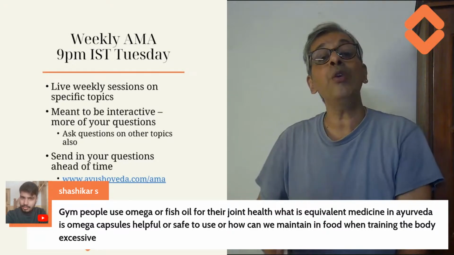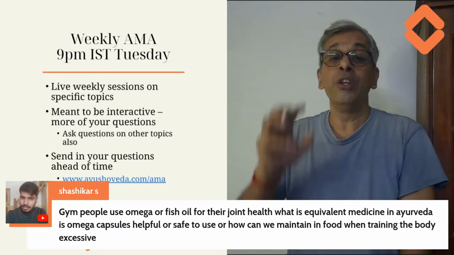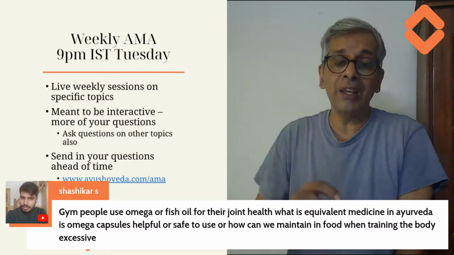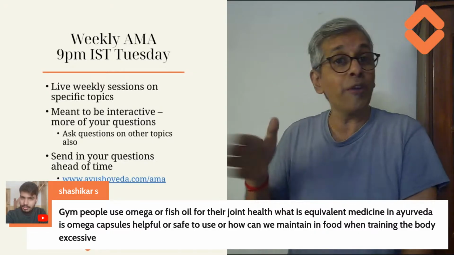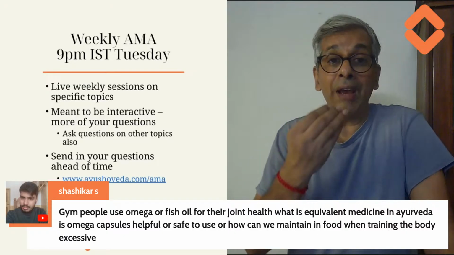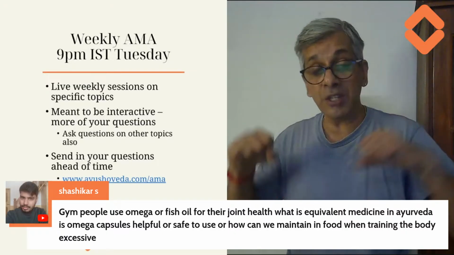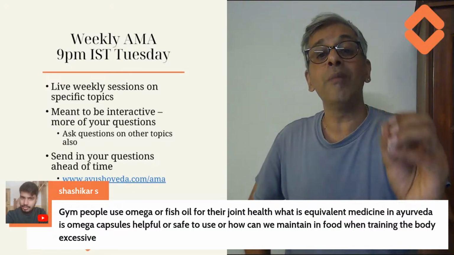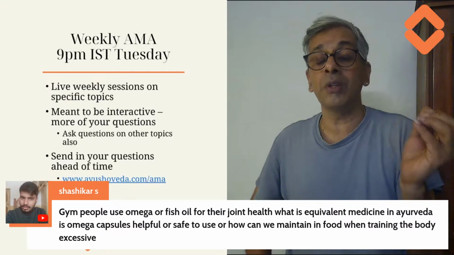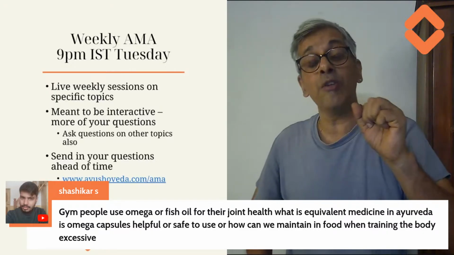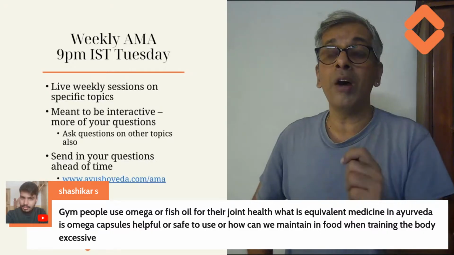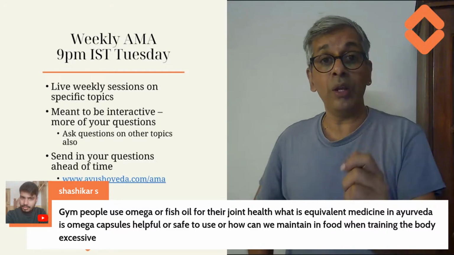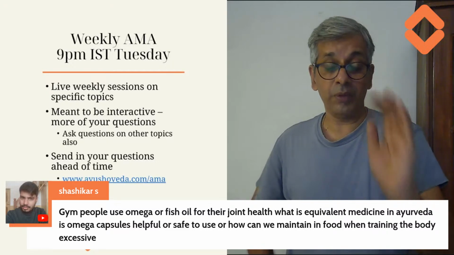For somebody who is strong and fit, you have to consume ghee or whichever oil you're used to, not fried. You pour ghee or oil, mix it with food and have it, so that your body gets that lubrication when you do the exercises. So Ayurveda recommends snigdha bhojana. I would say you can add a couple of teaspoons or a tablespoon of ghee into your food if you are somebody who does exercise regularly and moderately.